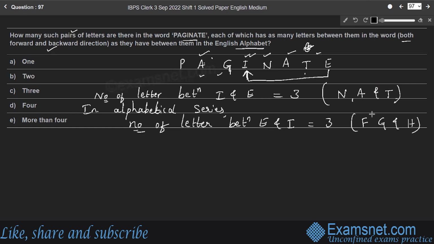Therefore, there is only one such pair, that is EI or IE. Therefore, option A is the right answer. There is only one such pair in which the number of letters between them in the given word is equal to the number of letters between them in the original alphabetical series.